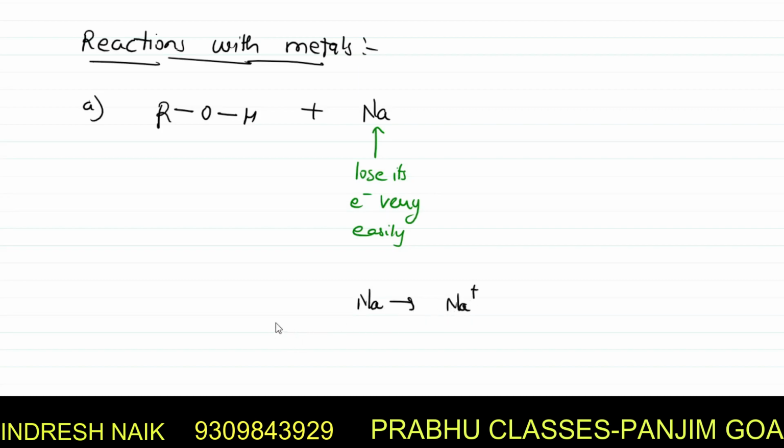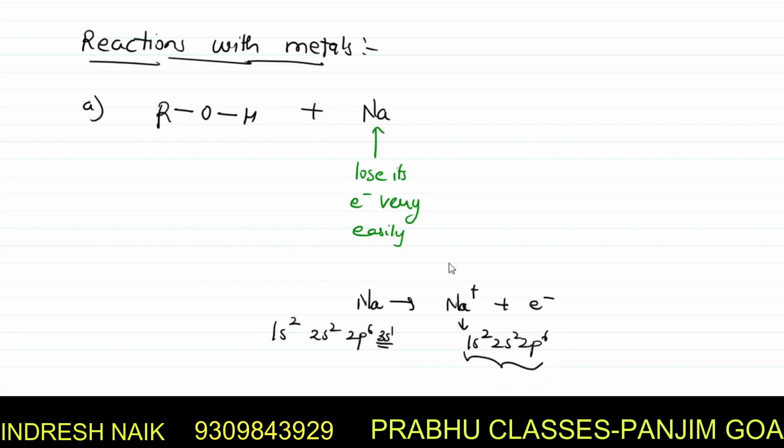The electronic configuration of sodium is 1s2, 2s2, 2p6, 3s1. When you lose one electron, the configuration is 1s2, 2s2, 2p6, because you are removing the 3s1 electron. So this is a noble gas configuration.